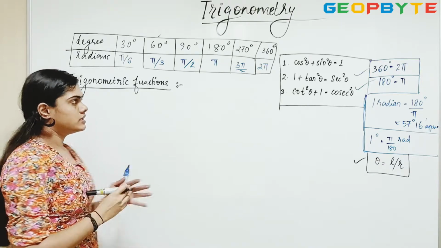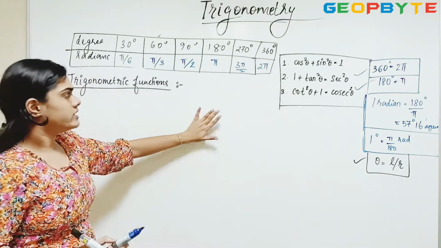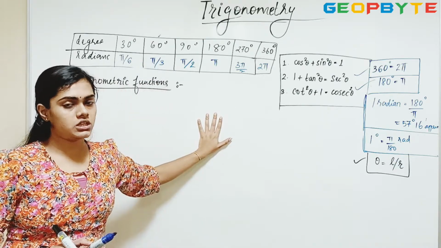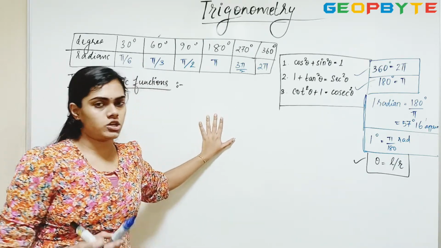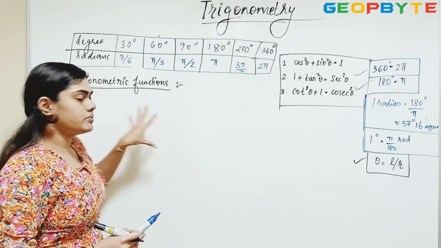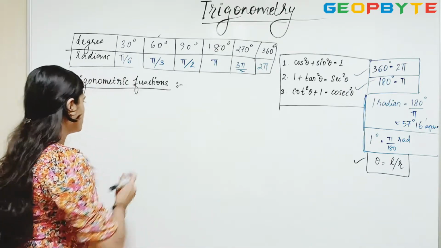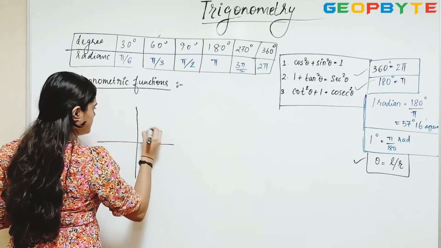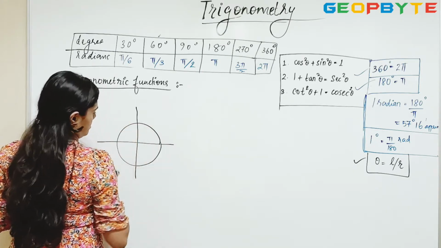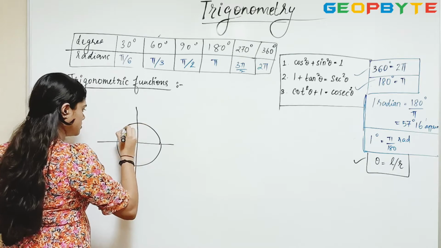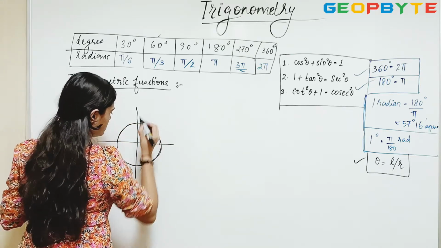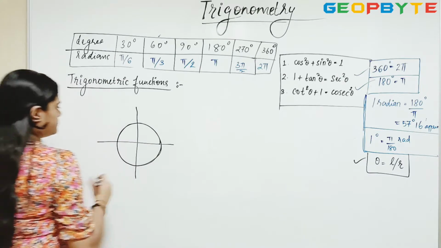Now we got the relationships. Now we will see what is the value of the functions cos theta and sin theta, cosecant theta and so on, at different points in my circle. So for that I will draw a circle. I know my drawing is not so good. This is not so proper a circle, but still.